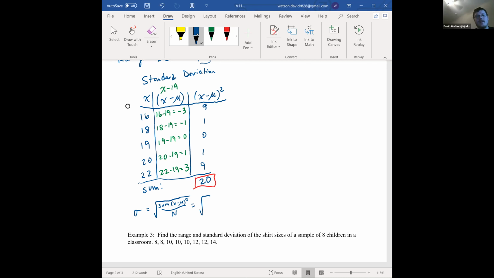All right, so it's going to be the square root of 20 over n. Remember, n is just how many values do we have? Well, we had 5. 20 divided by 5 is 4. And the square root of 4 is 2. So our standard deviation is 2.